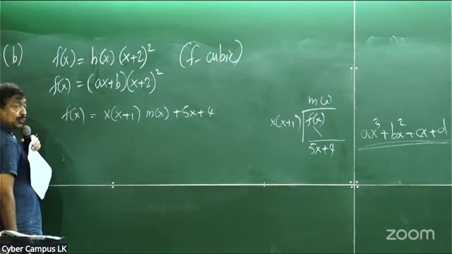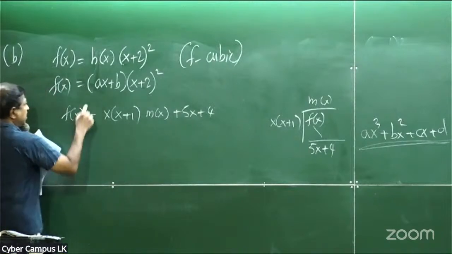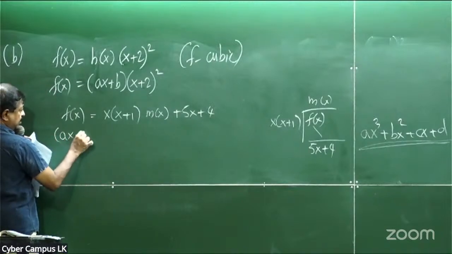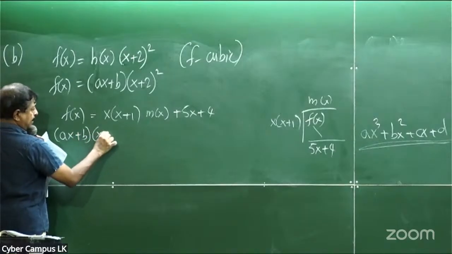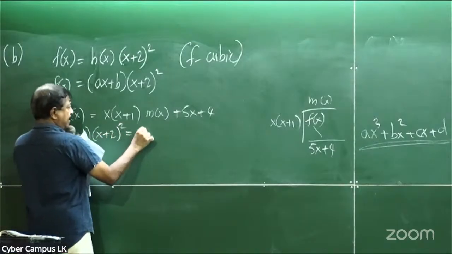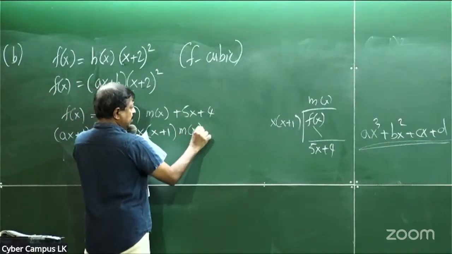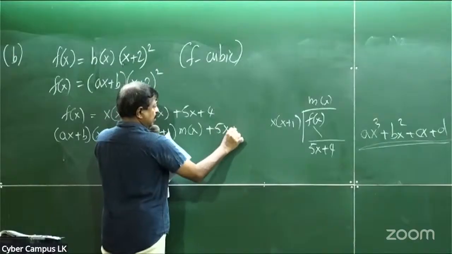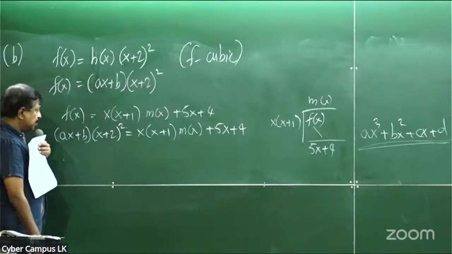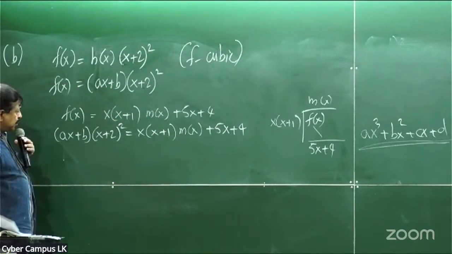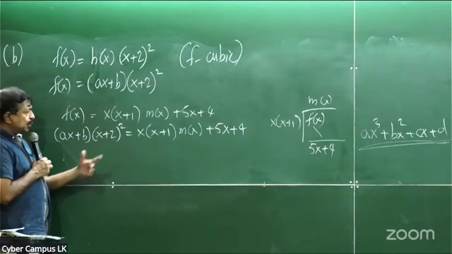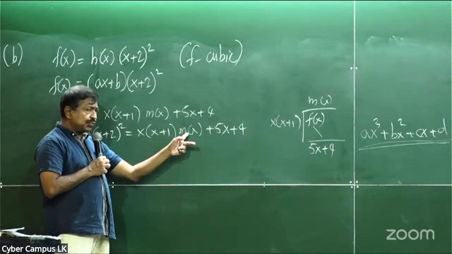Now we don't need to find this unnecessary polynomial. Somehow we need to compute a and b. So to compute a and b, we have to get rid of mx because we don't want to find mx.